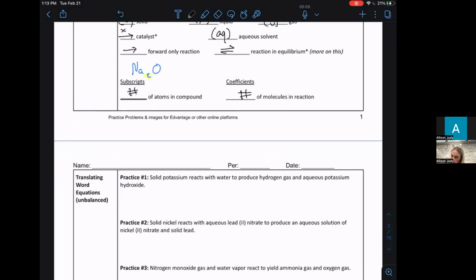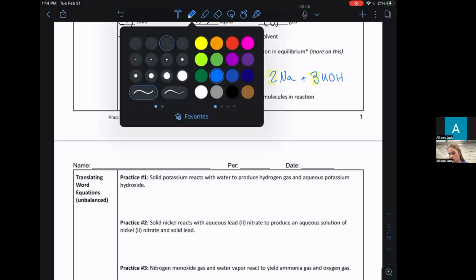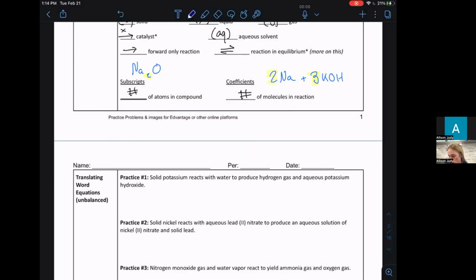So if you saw like 2Na plus 3 KOH, this 2 and this 3 are the coefficients for the molecules. So that means that for every 2 sodium atoms, you're reacting 3 molecules of KOH. And actually, the way they want you to talk about it is as a molar ratio. So like this is 2 moles of sodium for every 3 moles of potassium hydroxide.